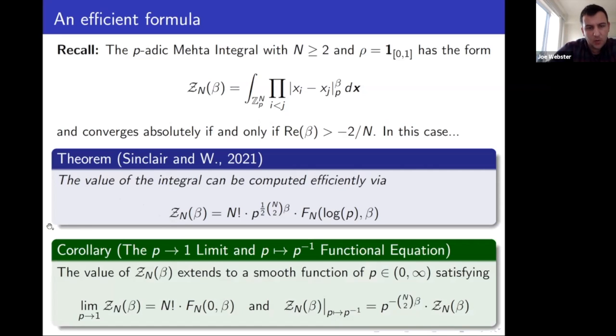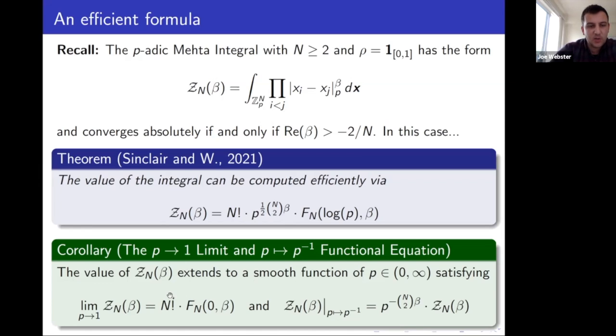One really fun corollary of this is that it's very easy to see that Zn extends to a smooth function of p through this formula, because fn is defined and smooth for all real things that we want to put here, in particular log of p for any positive number p. It makes perfect sense to put that here and put p to this power here. So Zn extends in a nice way to a smooth function of p.